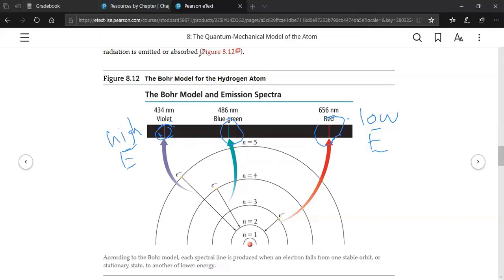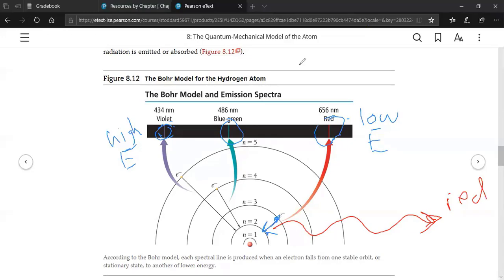The red color corresponds to an electron going from level 3 and dropping down to level 2. And when it does that, it emits light that happens to be red. It emits red light with that transition.